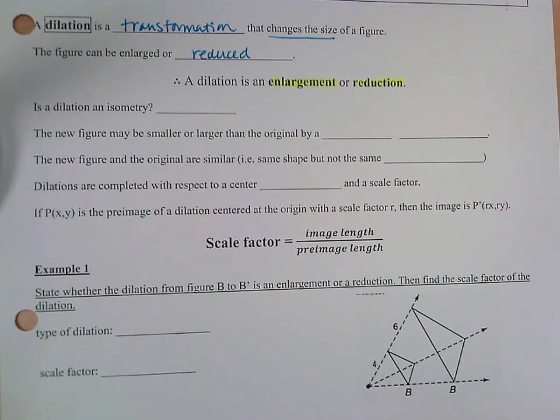So what are transformations that don't change shape or size? Translations, reflections, rotations. Yes, and then those are the three we've covered, and then we had symmetry, but that's not really a transformation. That's a property. So the question is a dilation then considered an isometry?